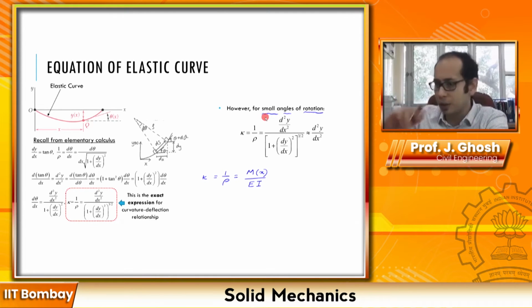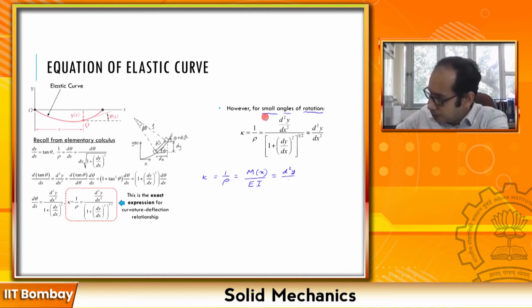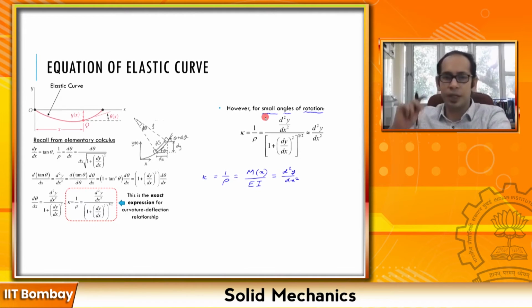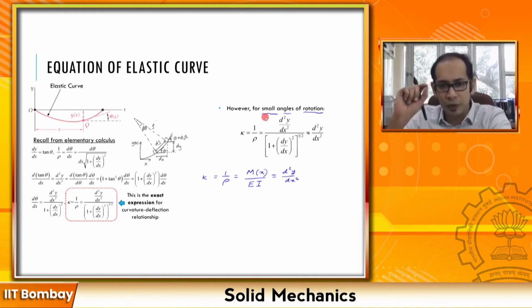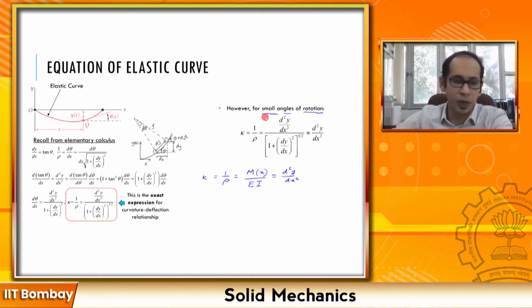This is from the previous discussion that we had. Now this is also d square y by dx square. Remember this expression is strictly valid for small deflections. If you're looking at large deflection problems, then you have to start with the elaborate equation that you see over here. For small deflection, this holds good.